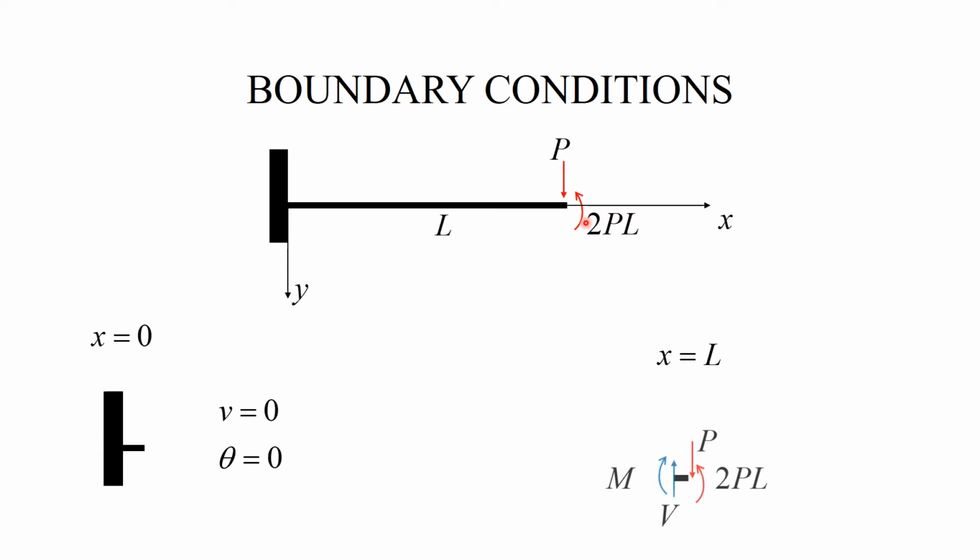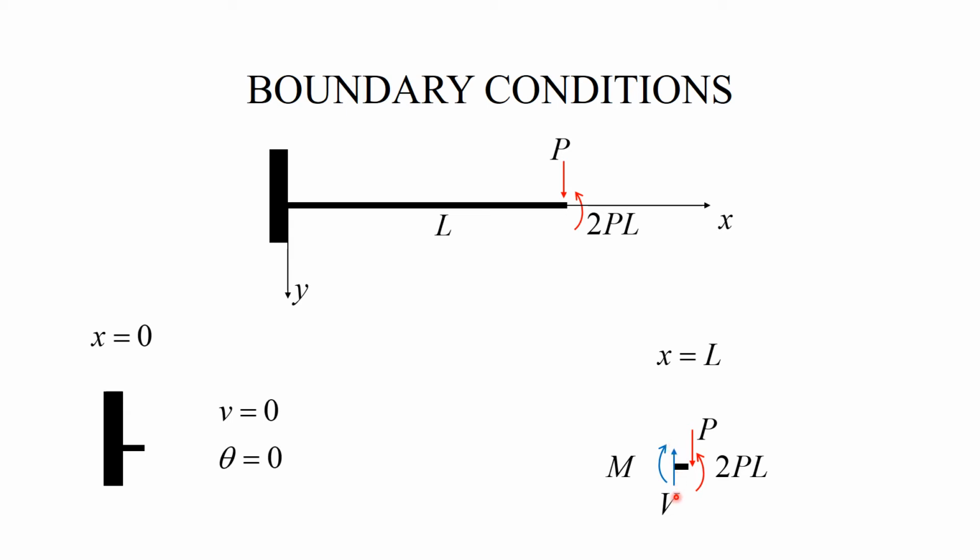To this end, all I do is a very basic free body diagram of the small element. So I show here, in addition to the external forces, the shear force V and the bending moment M. Of course, both of them are positive. And now I take this free body diagram and I write down equilibrium equations.